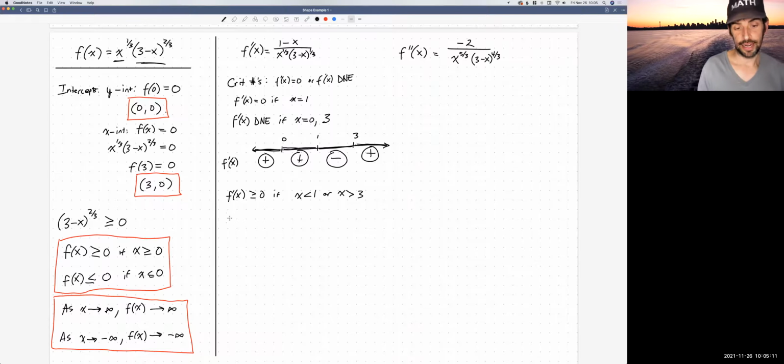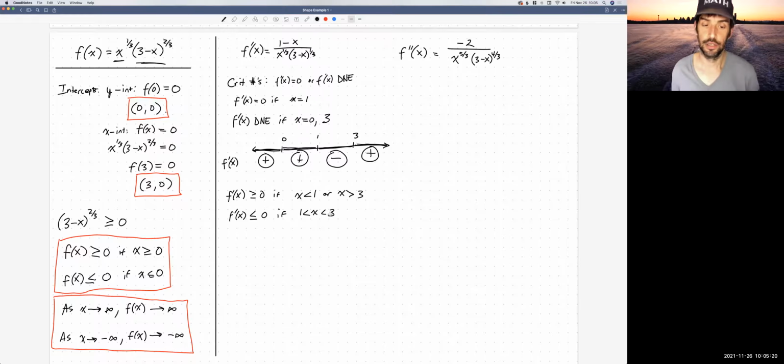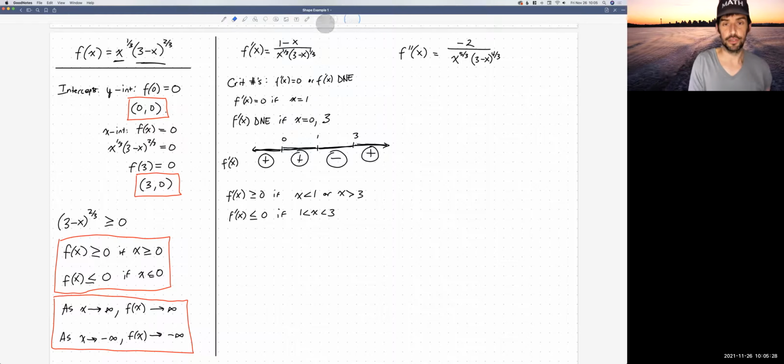And f prime of x is less than 0 if x is between 1 and 3. I guess these are strict, I don't need the or equal to's here. It doesn't make it wrong, but I don't need them.